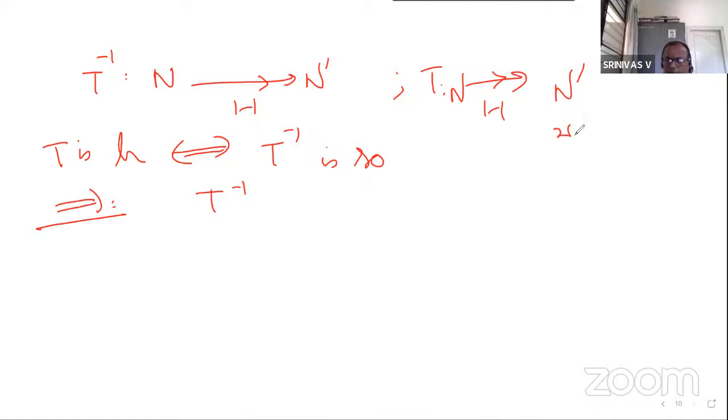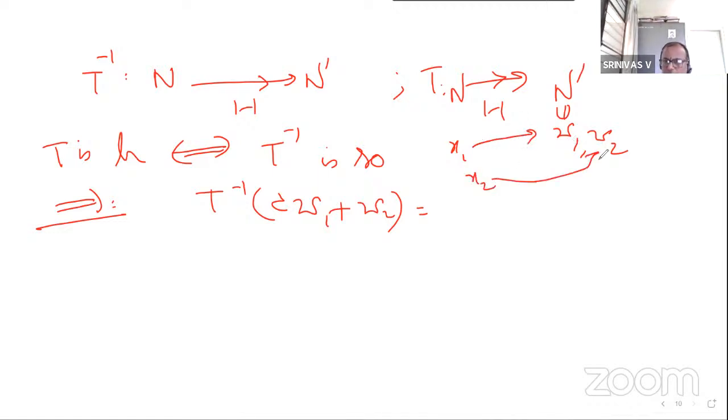To show this, you have to take elements from N dash. You take elements w1, w2 belonging to N dash, and you consider c w1 plus w2, and look at the T inverse image of this point. Because T is onto, there will be an element x1 which is taken to w1, and an element x2 which is taken to w2.